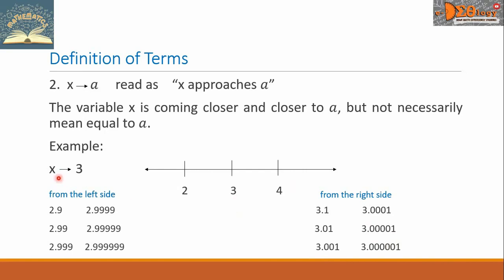Now, the symbol x approaches 3 refers to the two groups of numbers that are coming to that constant 3.